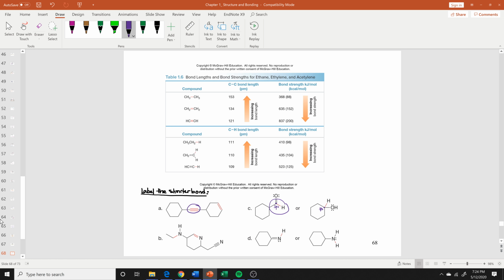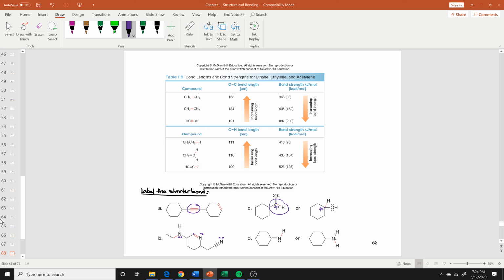This is an sp2 nitrogen that is overlapping with an sp2 carbon. So this is an sp2 compared to an sp3. Don't forget, there is a lone pair. Don't forget, I mentioned before, the Lewis structure or the skeletal structure doesn't show lone pairs, but this doesn't mean that they are not there. They are there.